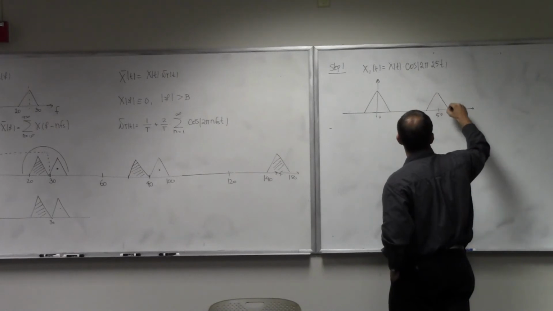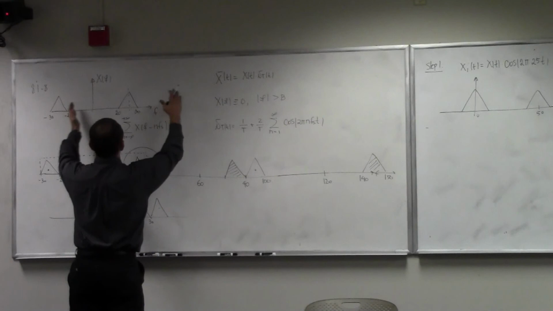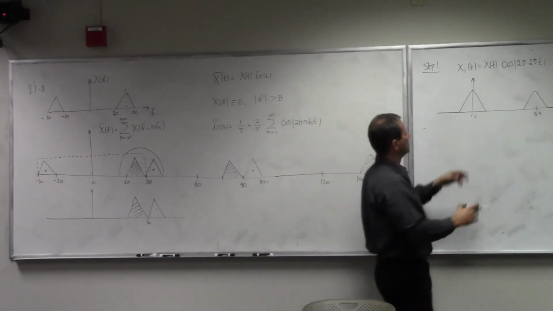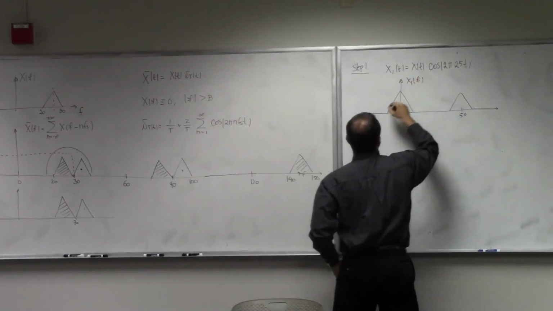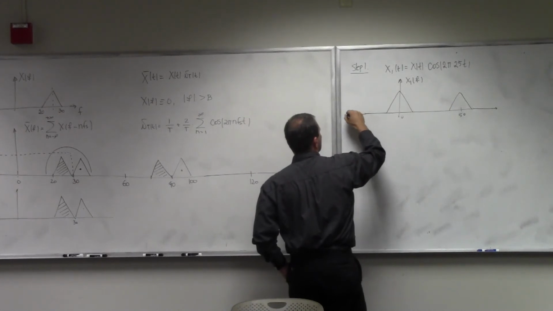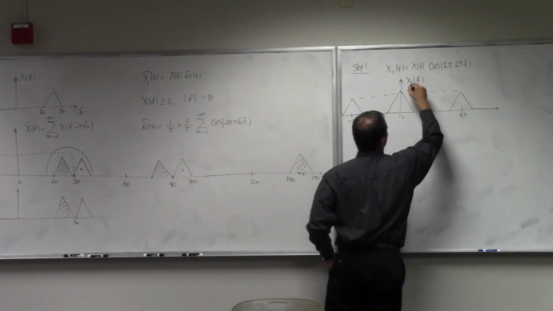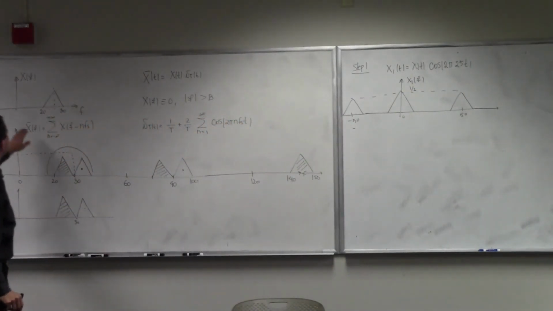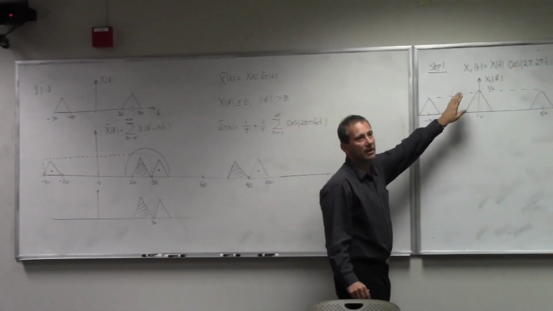You're going to take everything here and translate it to this. So this is the spectrum of x1 of t. You're going to get this, and you're going to get another one at minus 50. And these will have a half of the amplitude. So this is what happens when I take this original signal and multiply it with cosine 25t.